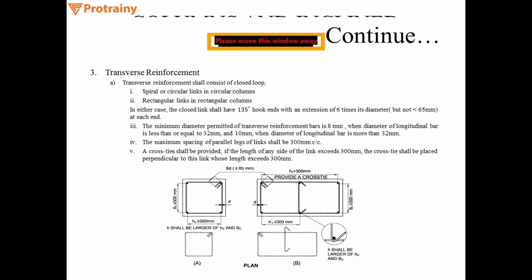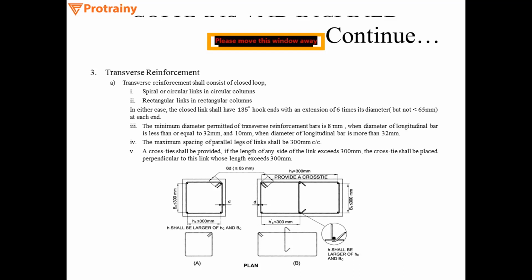As you can see in the diagram, there is a figure A and figure B. In figure B, there is a link being provided at the intermediate, in between of the column. So from the outer reinforcement, the distance to that intermediate link should not exceed 300 mm.